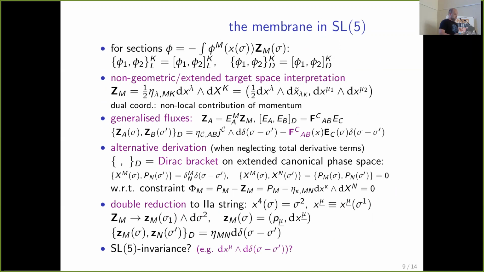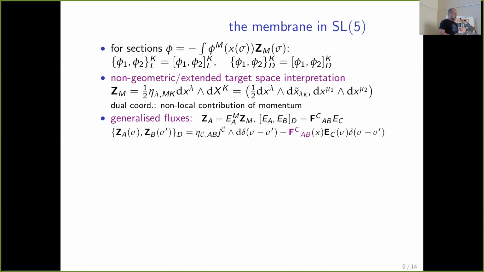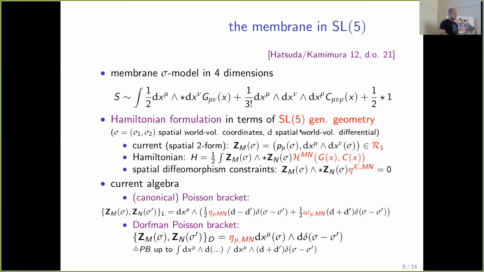So let me. For the membrane, the current on phase space looks like that. So we have the momentum and then the two-form, which is dx^μ dx^ν.